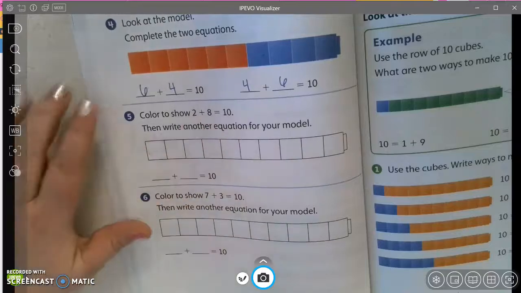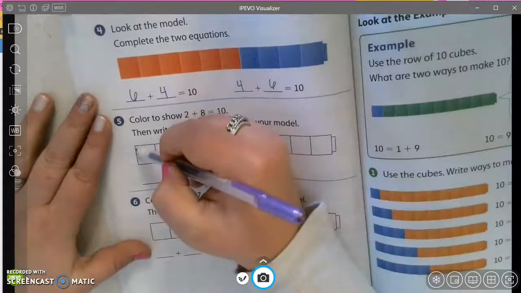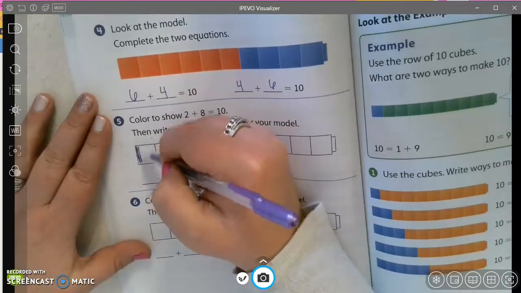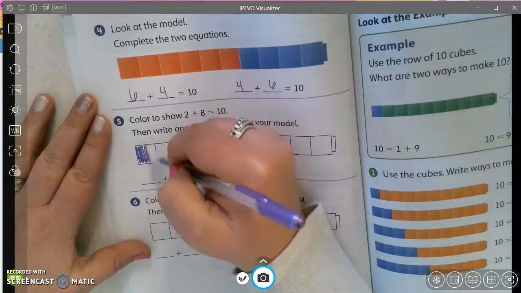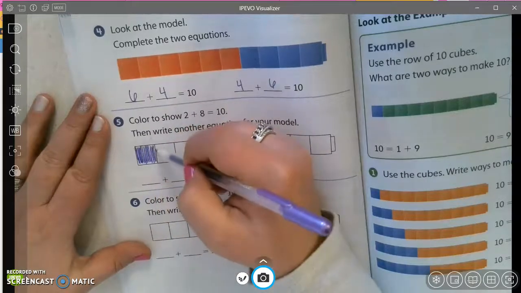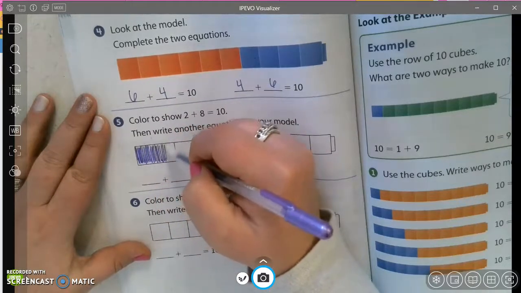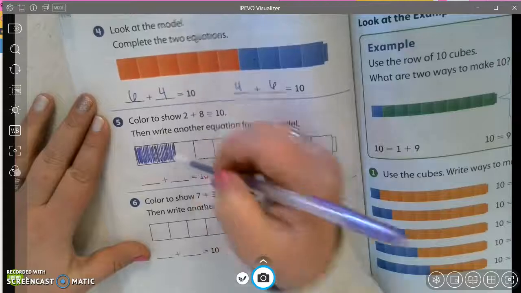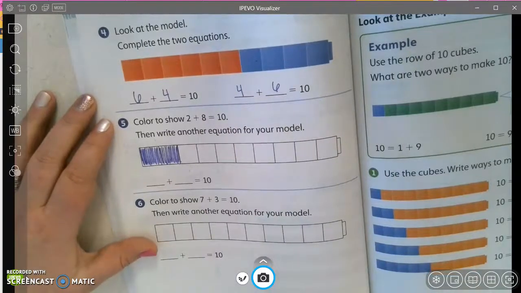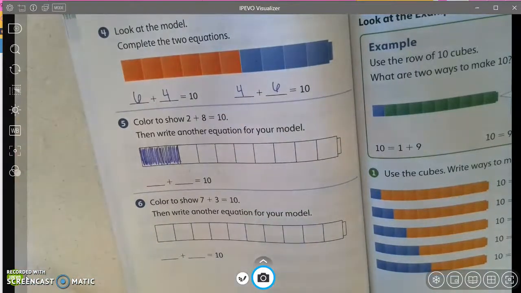So I'm going to choose to color 2 squares. In the other 8 squares, I'm just going to leave white. And when we're coloring in our squares, it doesn't have to be like when we color our picture for writing. It's okay. I don't want you to scribble all over it, but it's okay that it's not filled completely in.